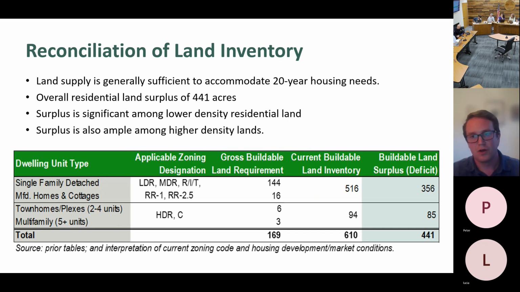And you can see over on the far right of this table, we don't have a deficit in either category. The low to medium density and the high density, we've got a surplus for both of those: 356 acres among lower density and 85 acres among higher density, for a total of 441 acres of surplus residential land.